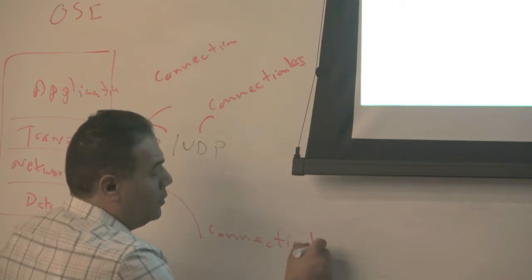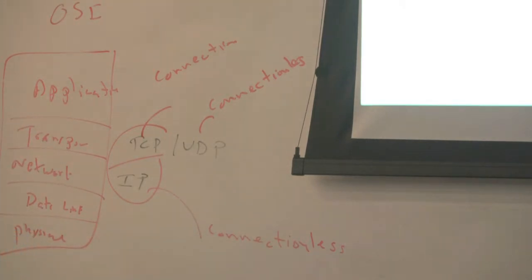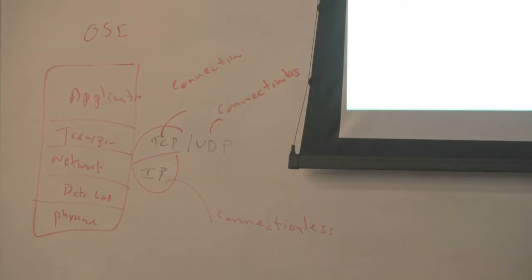It's connectionless protocol. So what is the difference between connection-oriented and connectionless, anybody knows? Let's use synchronization. You have to synchronize between the two, like the server and the client. There should be some synchronization for connection, and for UDP, it doesn't need any synchronization.